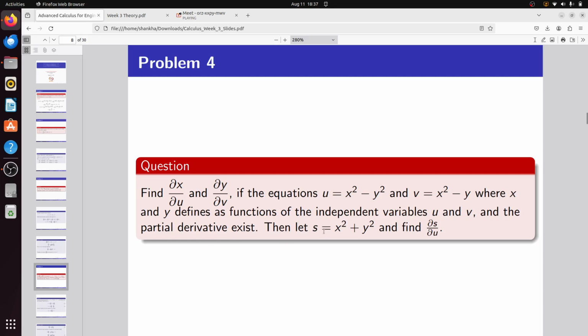Then let s equal to x square plus y square, and you need to find del s del u. Okay, is my problem clear to you?